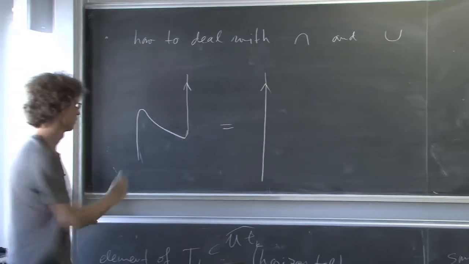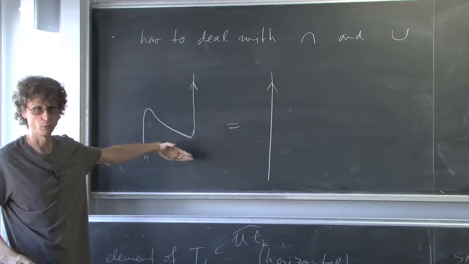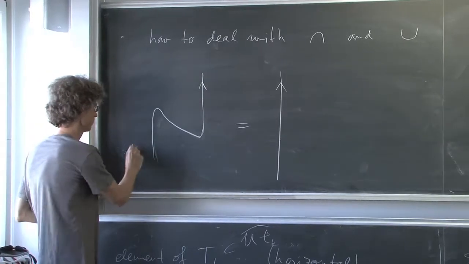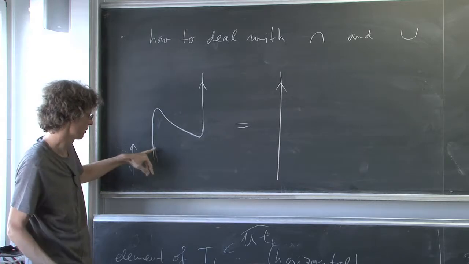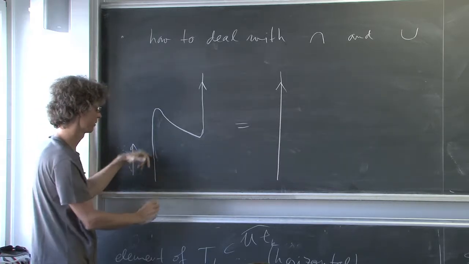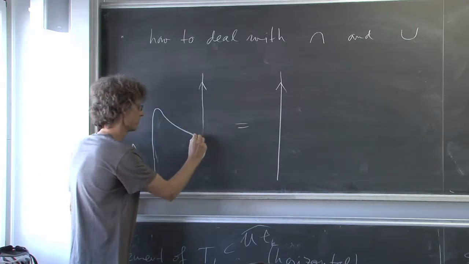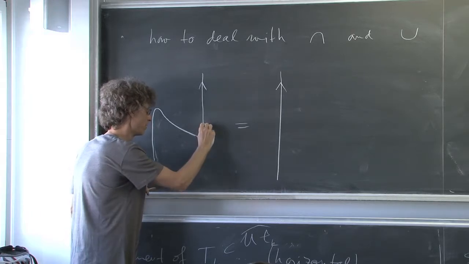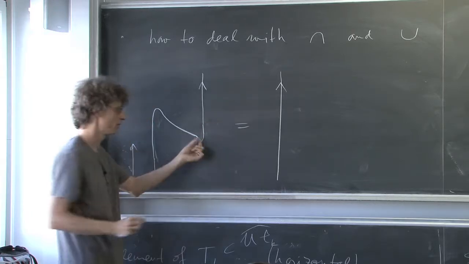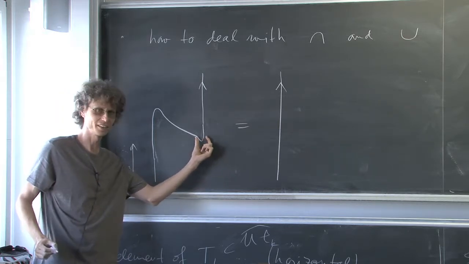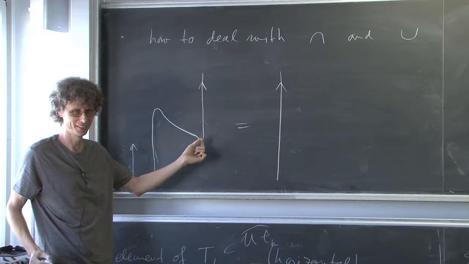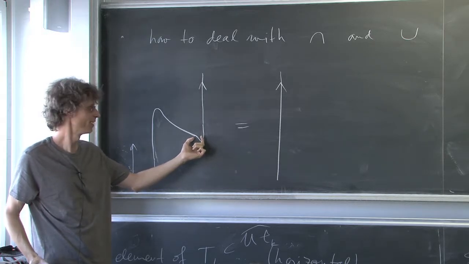And if you look at how this is composed, reading it from bottom to top, at first there is this single strand, then there is the birth of those two, a particle and then an anti-particle or something. So that's what's happening here.